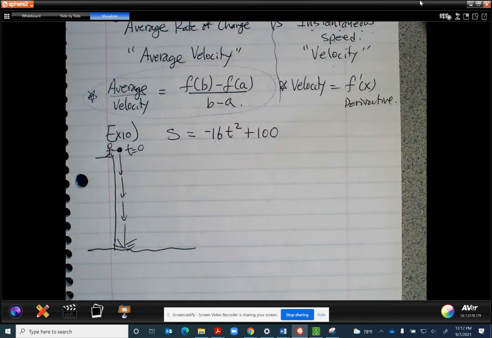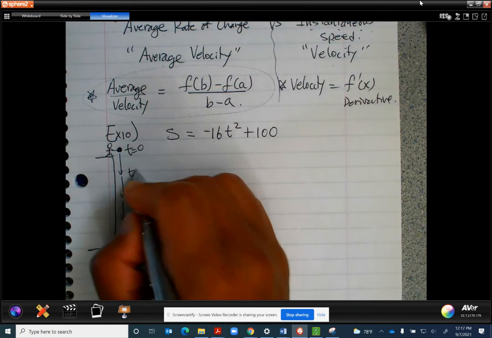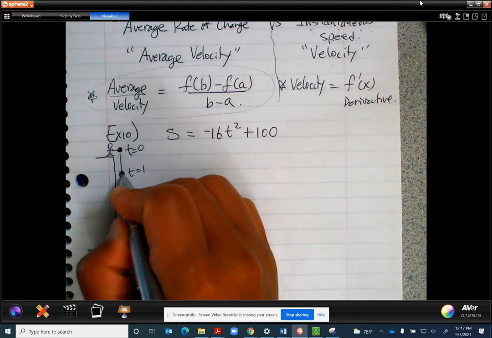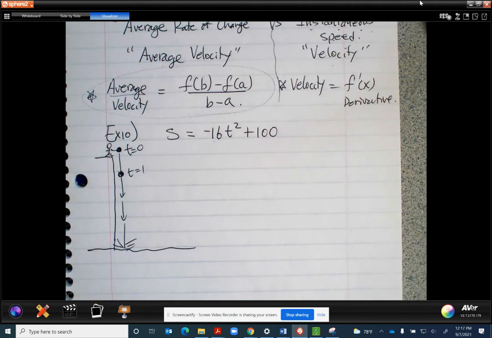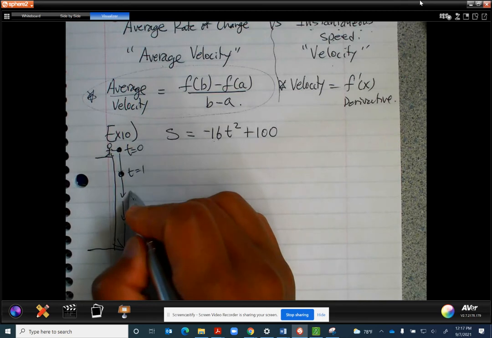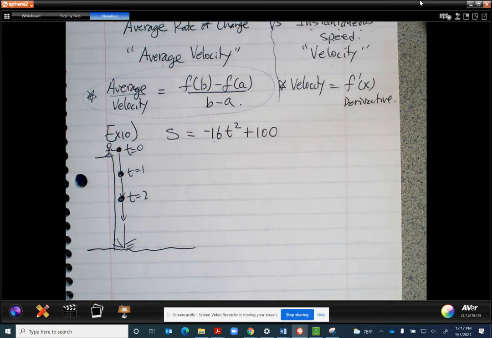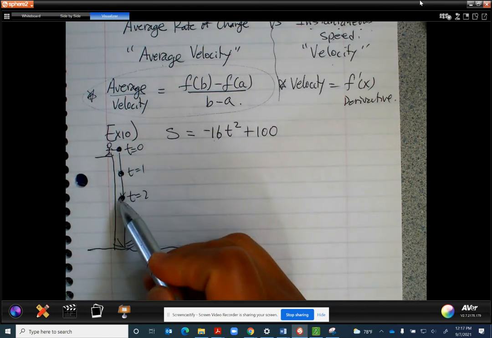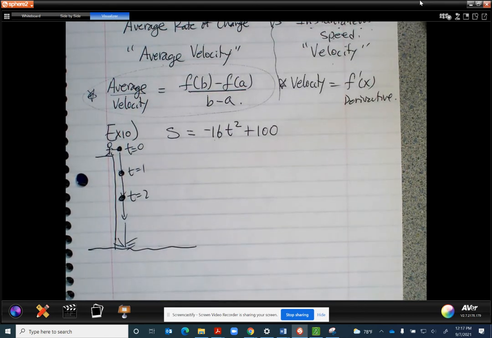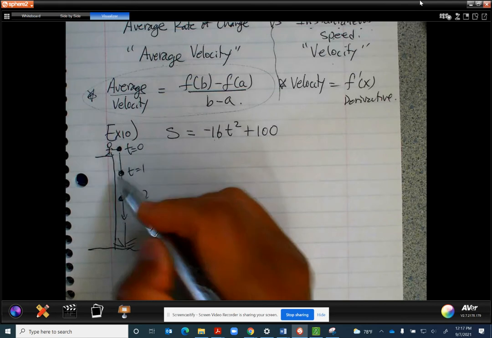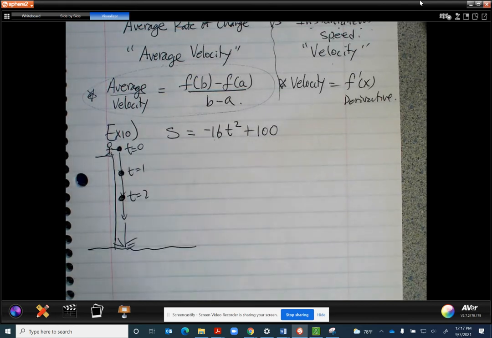Then t equal to 1 second later, your ball might be down here. 2 seconds later, your ball is down here. If you're taking physics, you also need to know that the speed of this ball is increasing as you fall down. Those are the things that you should picture in your head.